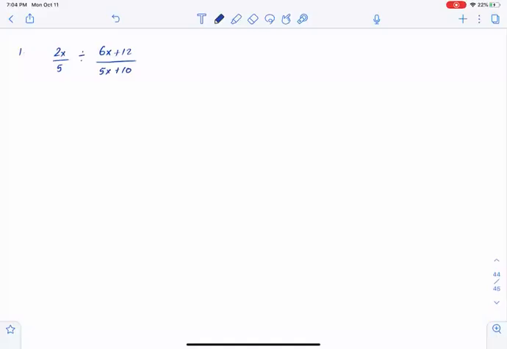So we want to divide 2x over 5, which is a rational expression, by 6x plus 12 divided by 5x plus 10, another rational expression. So this would simply translate to 2x over 5, entire thing divided by 6x plus 12 over 5x plus 10.